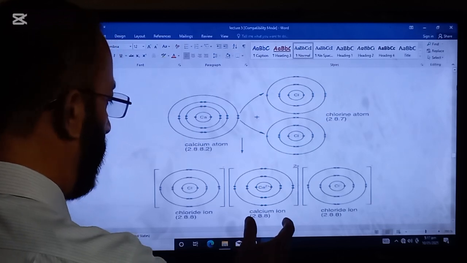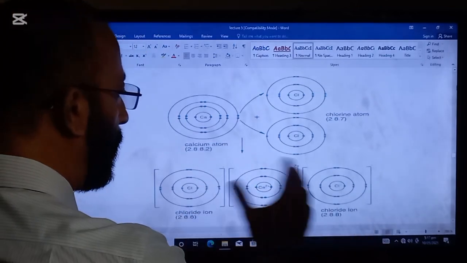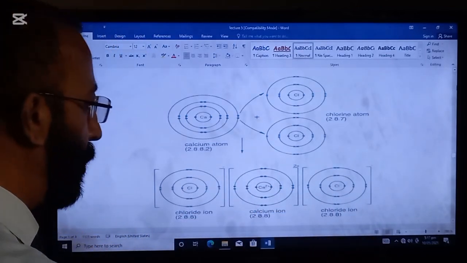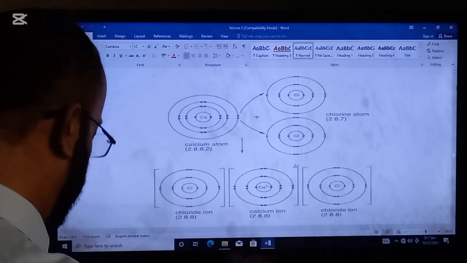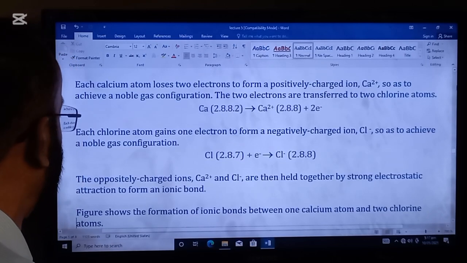So here is the calcium ion, here is a chloride ion, here is a chloride ion. Now both atoms have gained the noble gas configuration. The opposite charges will be held together by strong electrostatic forces.